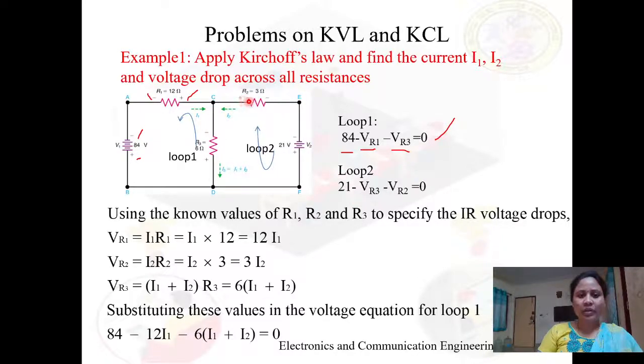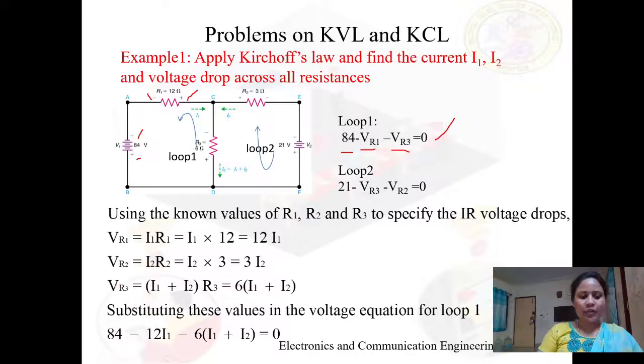Similarly, for the branch C to E, the voltage drop across R2, we can see the sign is from positive to negative. Therefore, there is a drop in potential. Hence, VR2 is negative for loop 2, minus VR2. So it is plus 21 minus VR3 minus VR2 equals 0.